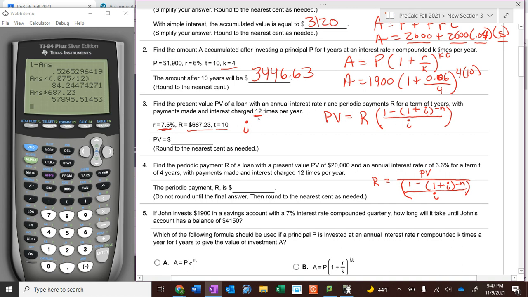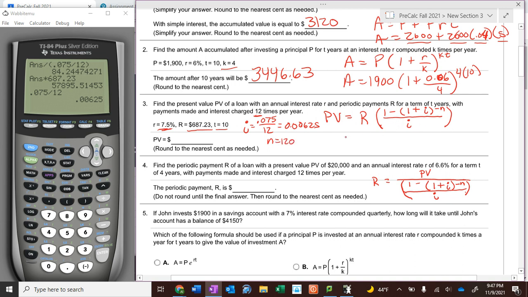So you take 0.075 divided by 12, and you get i equals 0.00625. n is the number of times it's compounded overall. Well, 12 times per year times 10 years, n equals 120.